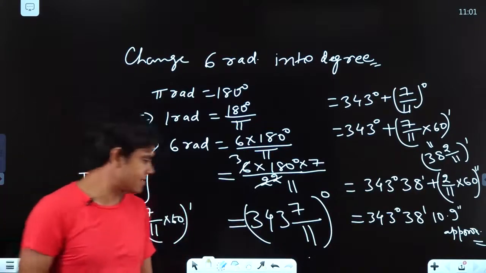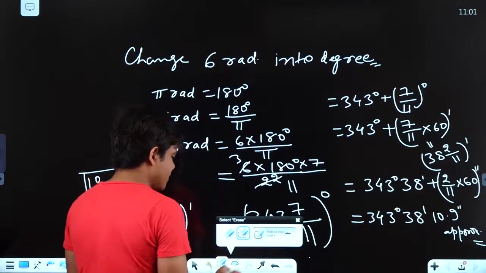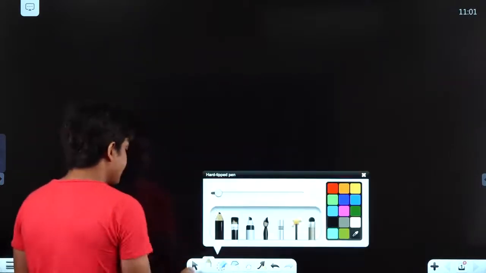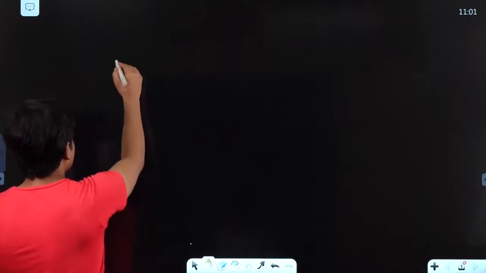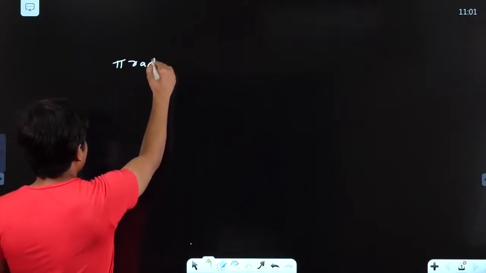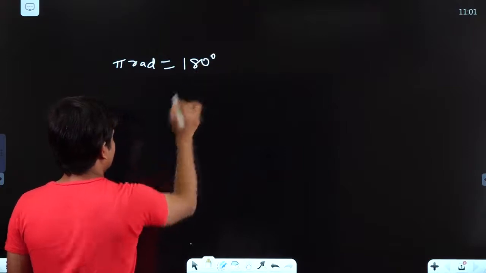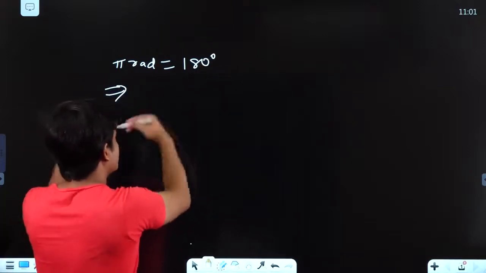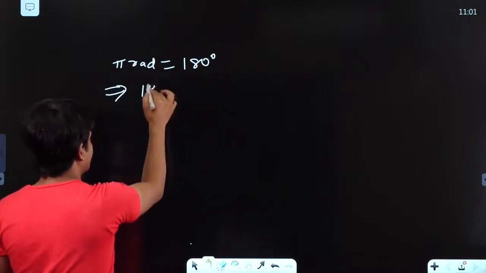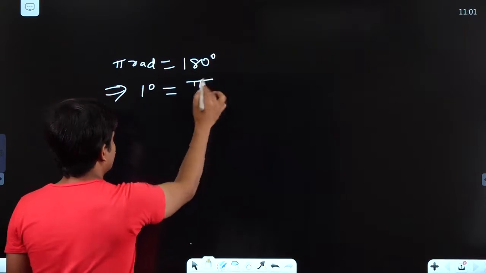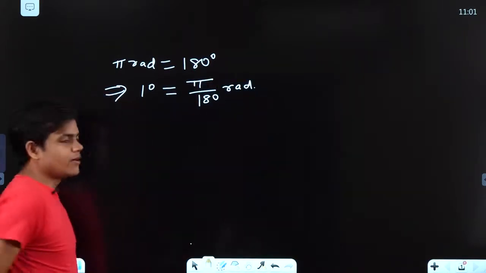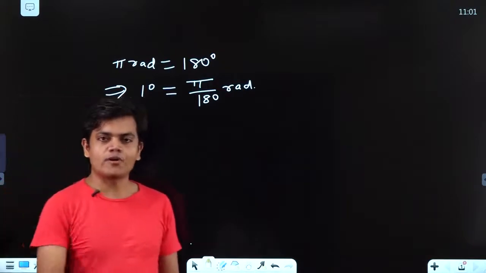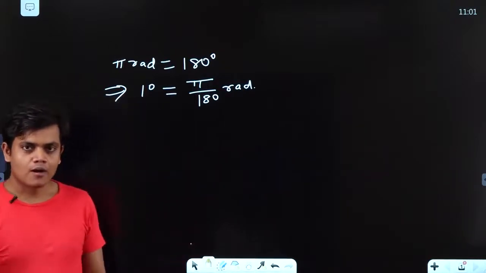So I hope you got the point. But again recall that pi radian is equal to 180 degrees. So in the reverse way, 1 degree will be equal to pi by 180 radian.